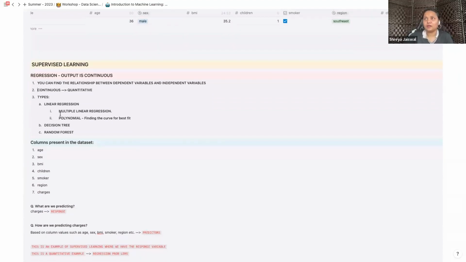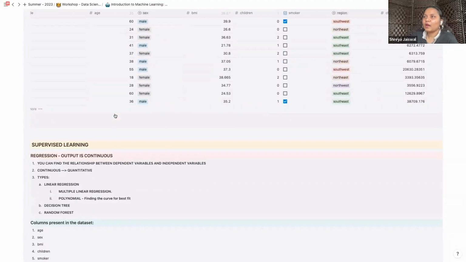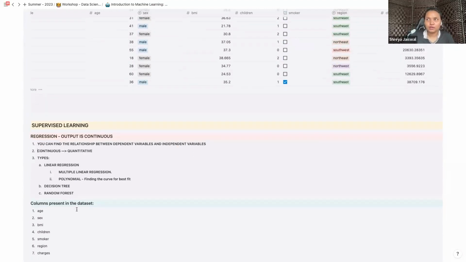Regression can be defined in multiple ways. It can be linear regression, multilinear, or polynomial. We'll be sticking to linear regression, and for this particular case study, multiple linear regression. I'll be talking more about the linear regression part, but just for you to understand what kind of learning this is: this is supervised learning.